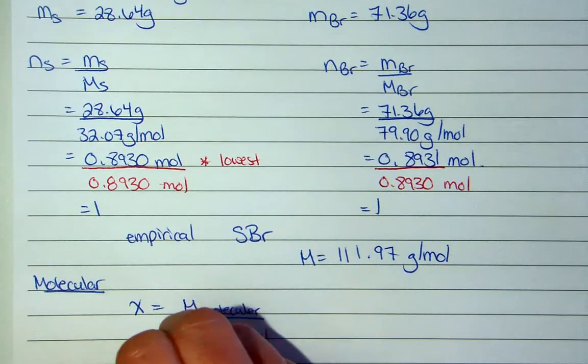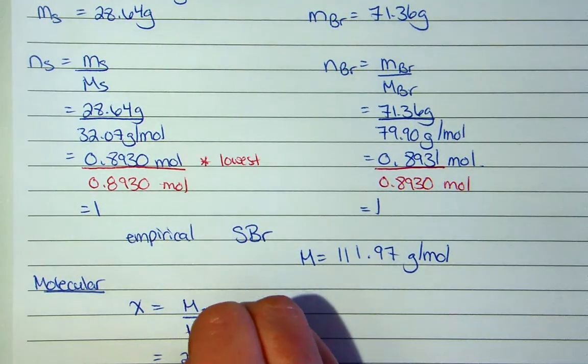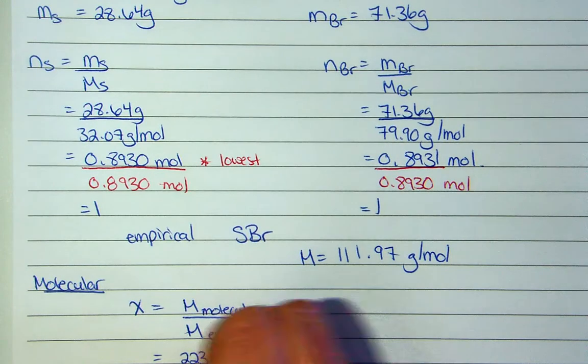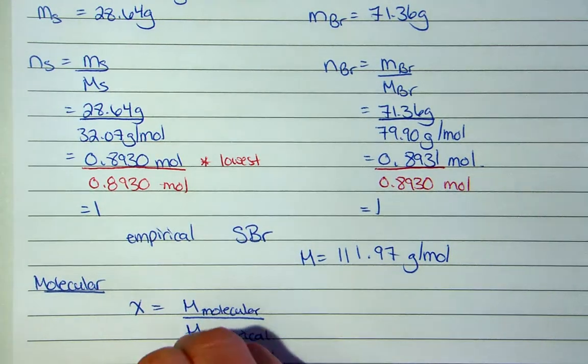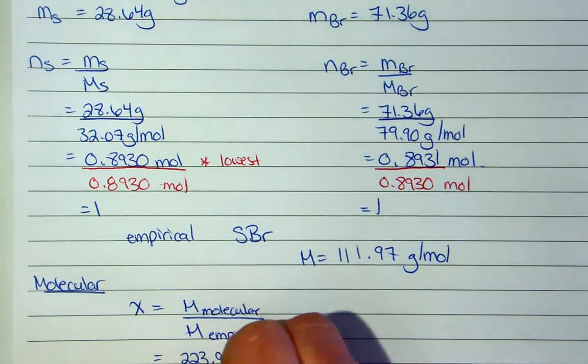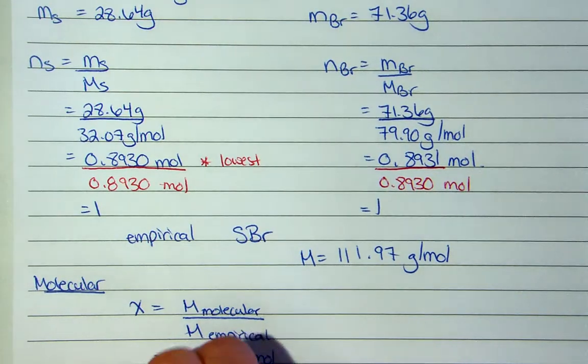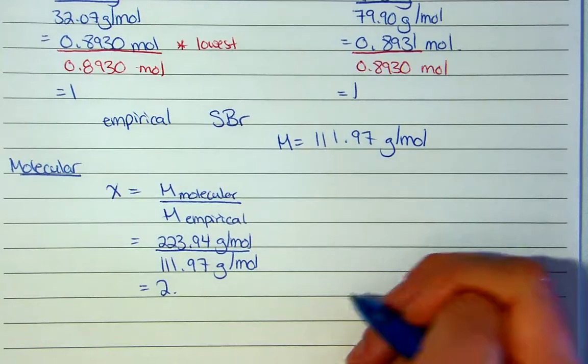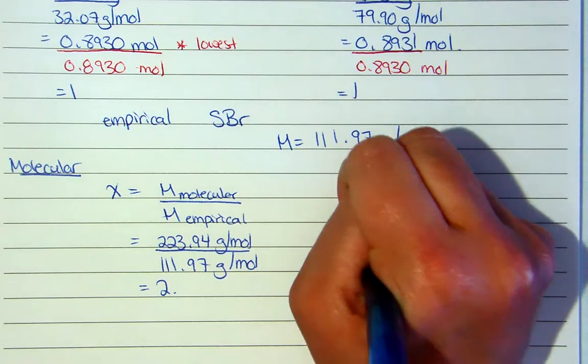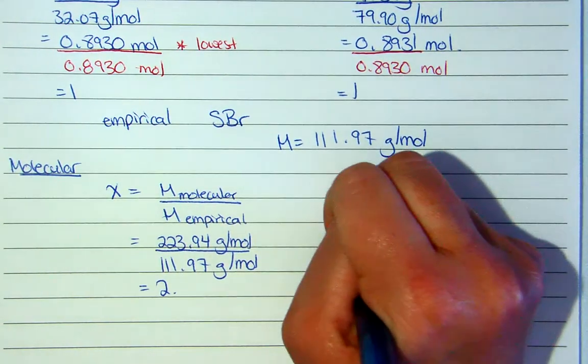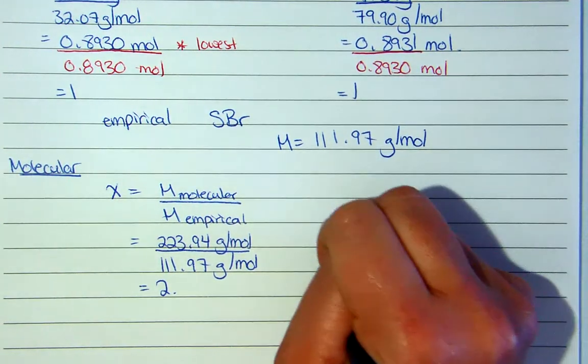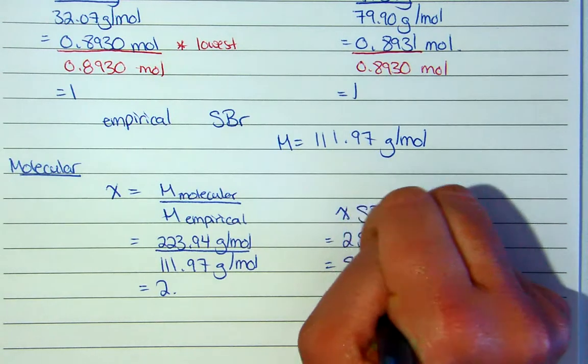So that'll be 223.94 grams per mole divided by 111.97 grams per mole, and I get a scale factor of 2. So X times SBr is actually 2 SBr, so our molecular formula is S2Br2.